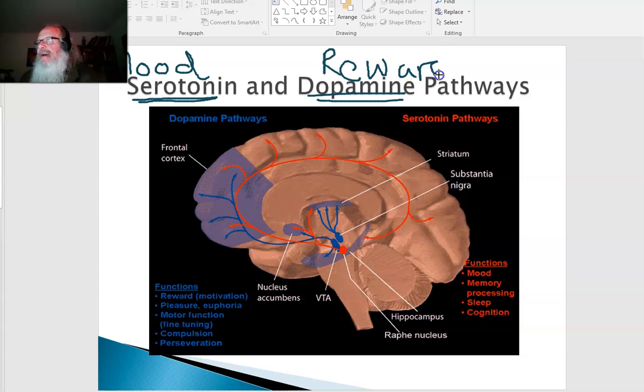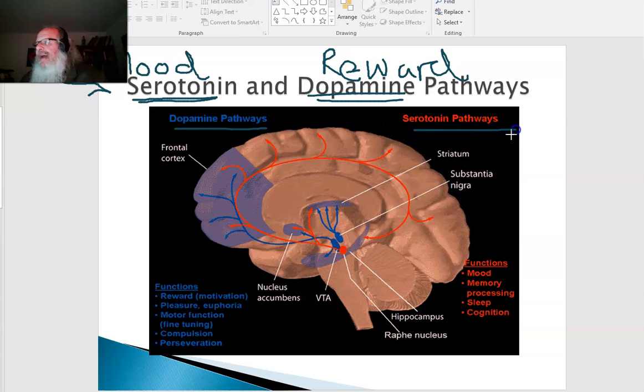but the way I am encouraging you to think about these at this point is that serotonin is a major mood regulation neurochemical, and it is for reasons that are kind of nuanced and complicated, and that dopamine is the major reward neurotransmitter chemical. So the thing I want you to notice right now is that, all right, so here are our dopamine pathways highlighted in blue.